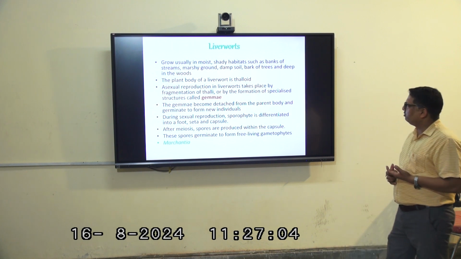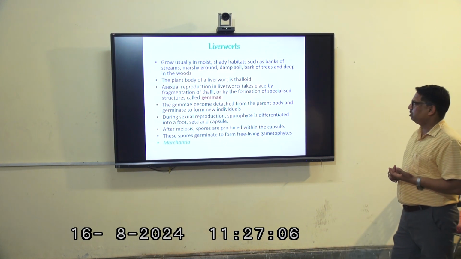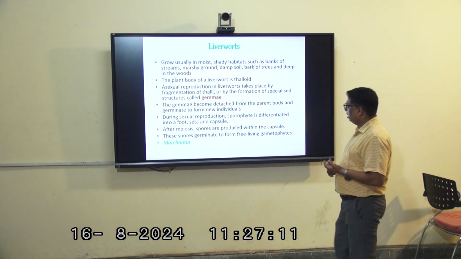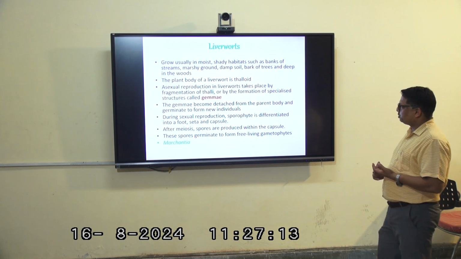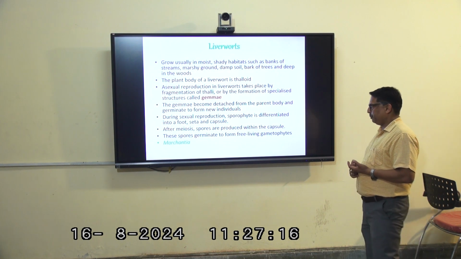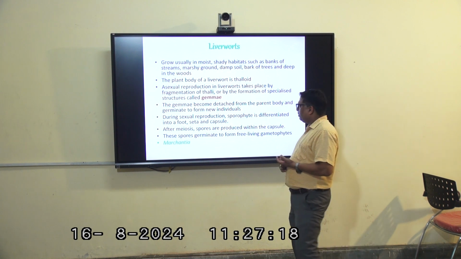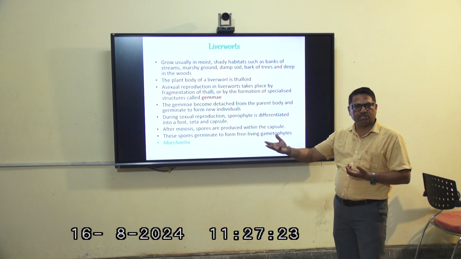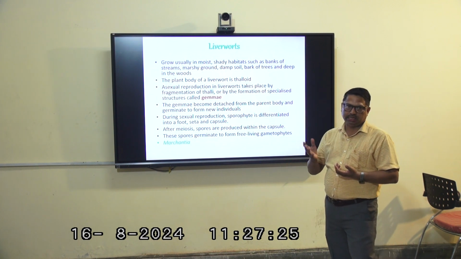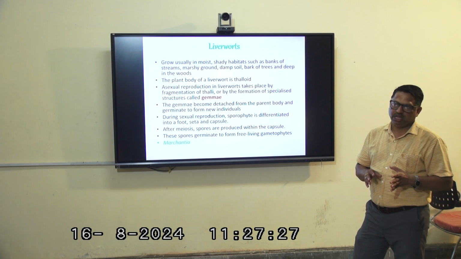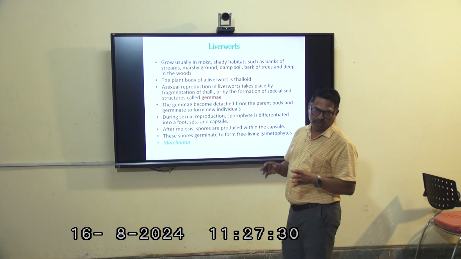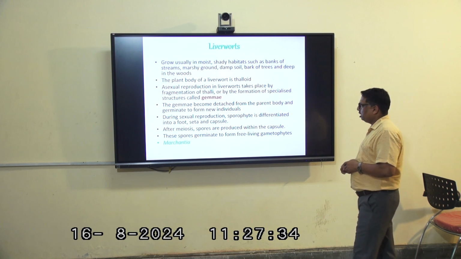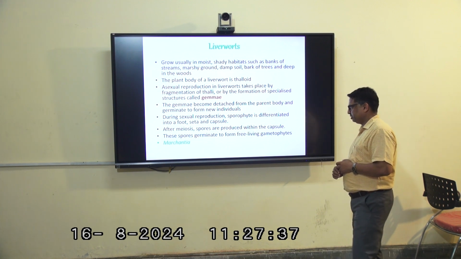The plant body of liverworts is thalloid, and asexual reproduction in liverworts takes place by fragmentation of thalli or by the formation of specialized structures called gemmae. The gemmae become detached from the parent body under favorable conditions. If the condition is not favorable, they will not detach. That's important. They detach from the parent body and germinate to form new individuals.